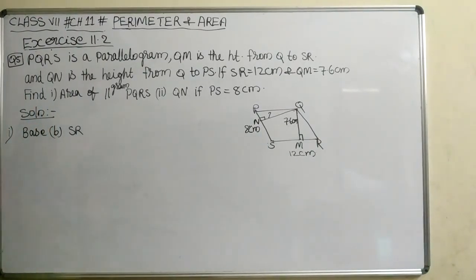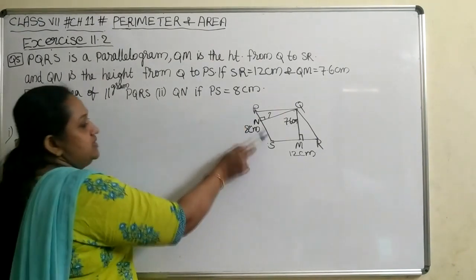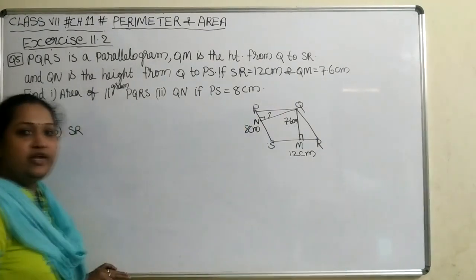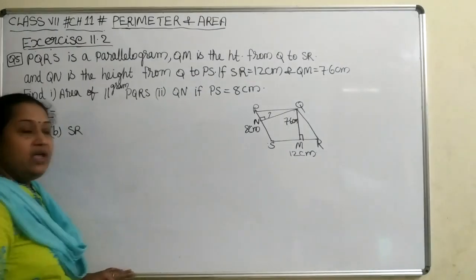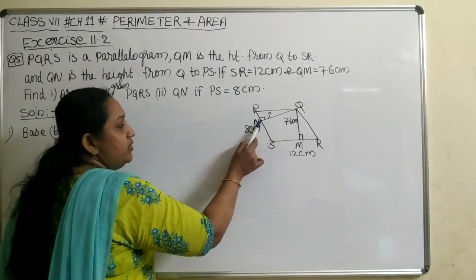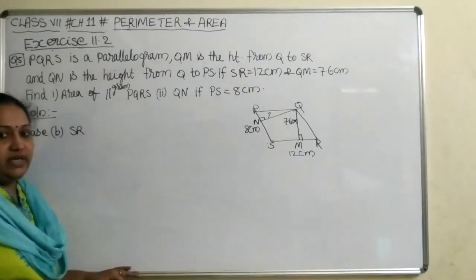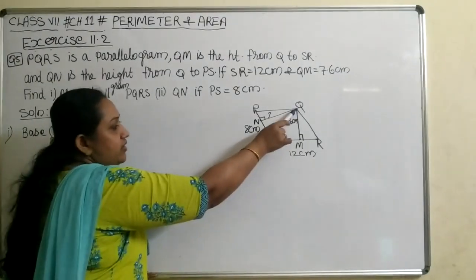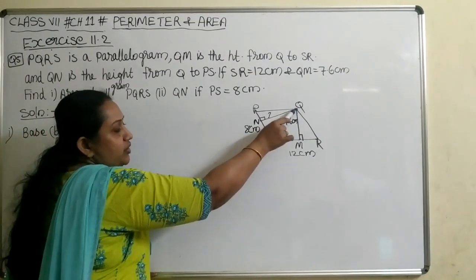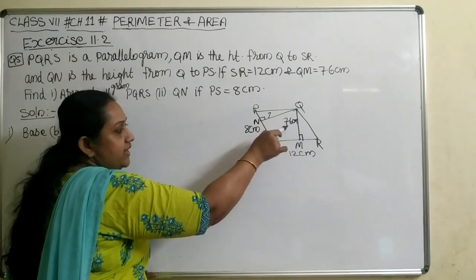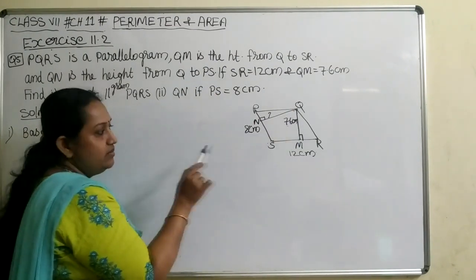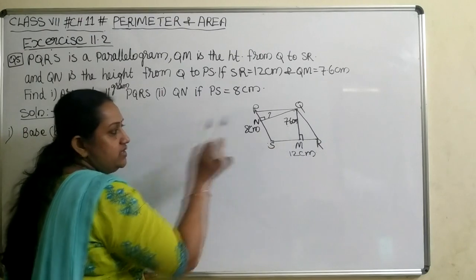So what is given in the question we can write. We can't take PS as the base to find area of the parallelogram. Why? Because we don't know the perpendicular height towards the base PS. But the perpendicular height from Q to SR is given, 7.6 centimeter, and base is 12 centimeter.